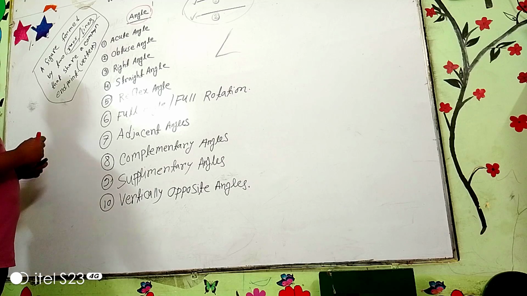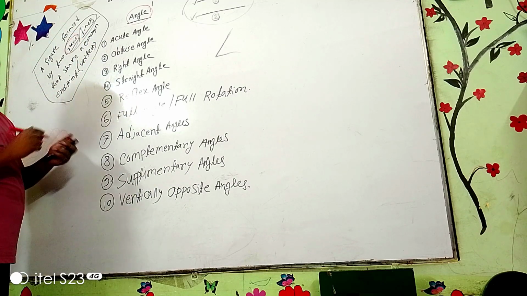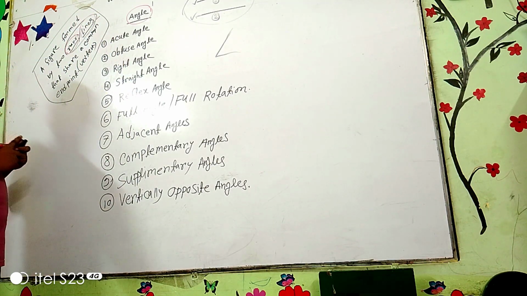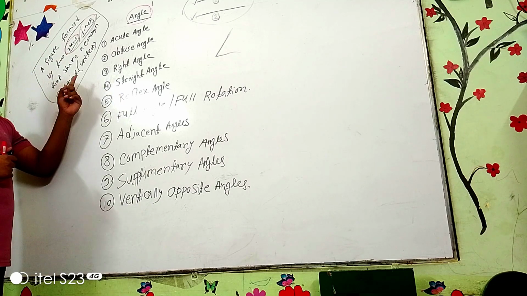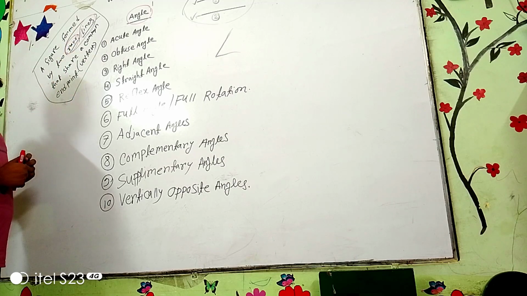There are important words, rays and lines. So what is rays and what is lines?